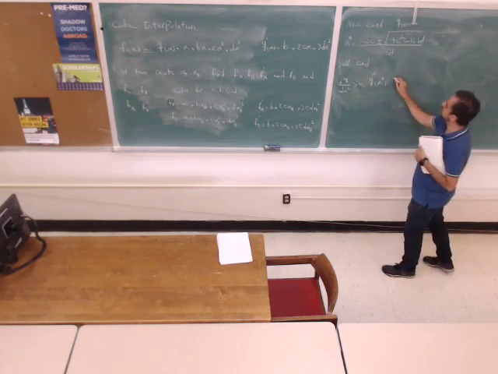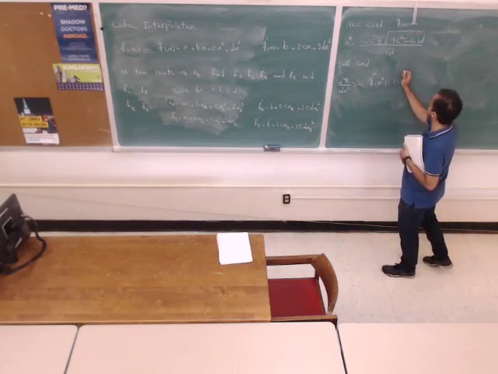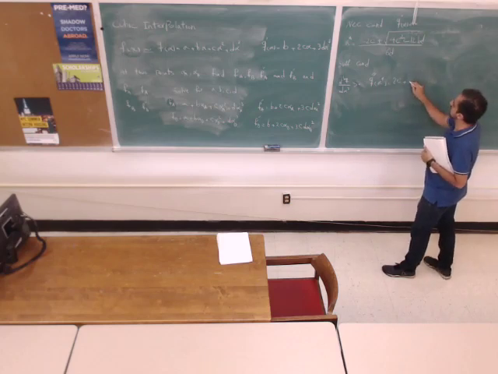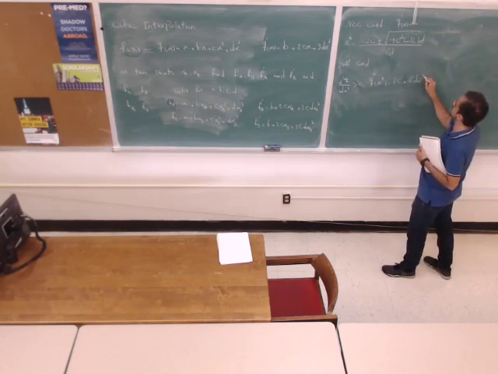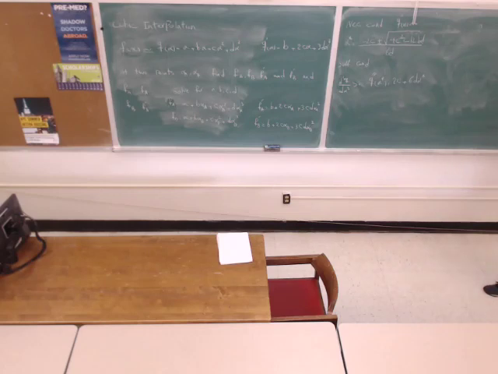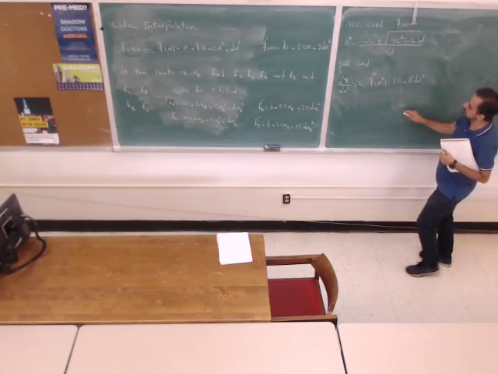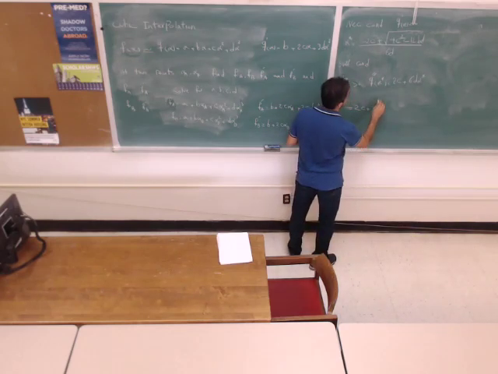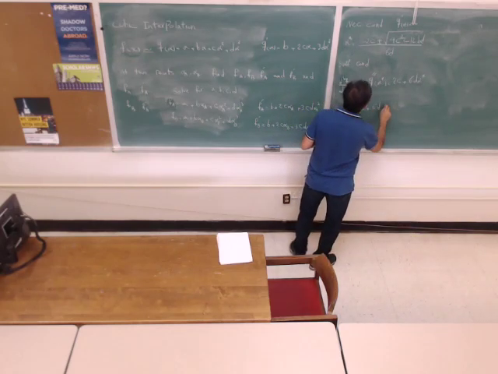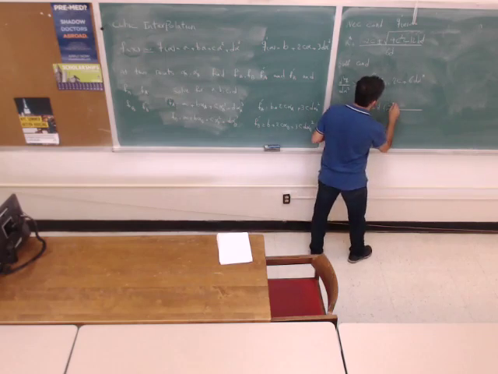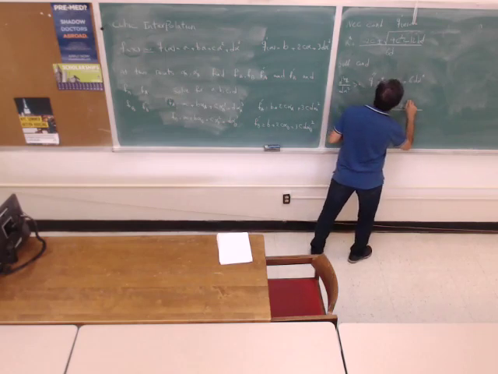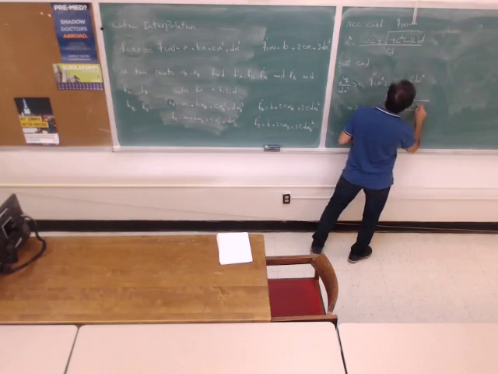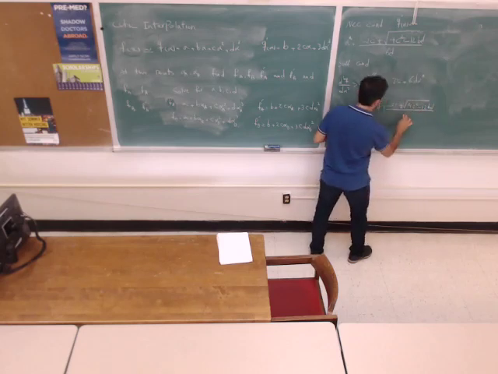It's going to be 2c plus 6d times alpha star. I'm plugging alpha star here. I will get 2c plus 6d times negative 2c plus and minus the square root of 4c squared minus 12bd, divided by 6d.